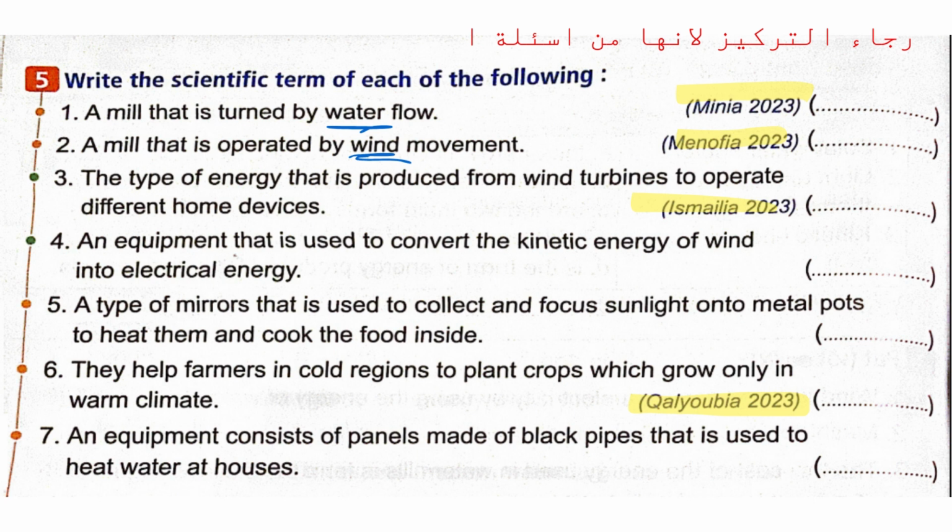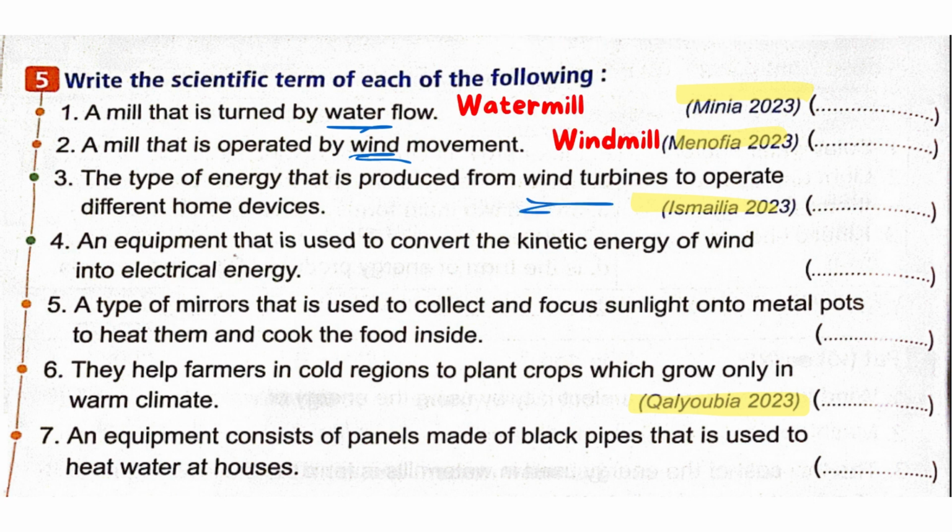So this is the windmill. So both of these questions, as you see, came last year in the exam, okay? And they are very easy, okay? Focus that here a mill that is turned by water, so this is watermill. And a mill that operated by wind movement, so this is windmill, okay?